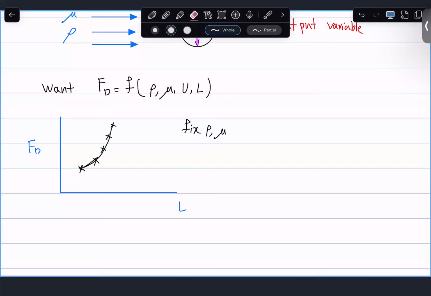But all of this I have to do for a fixed speed of the flow. So this is all for some velocity like U1. Now I have to change U1 again, and maybe now I get a new curve. I don't know, something like that.